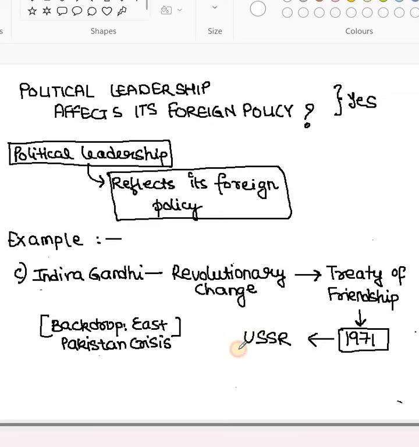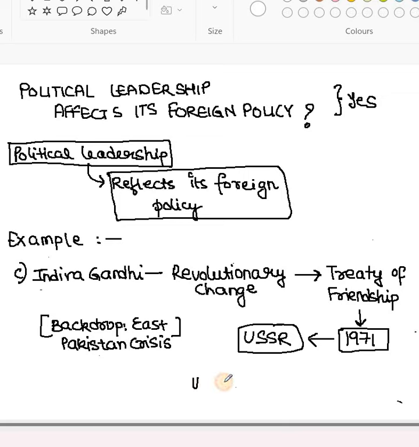Because at that time, the East Pakistan crisis was going on. बांग्लादेश का वॉर चल रहा था ना 1971 का, when Bangladesh wanted to get itself liberated from Pakistan, right? At that time, India supported Bangladesh. India also acted as a friendly country by providing refuge to the people of Bangladesh who were leaving their country amidst the war.